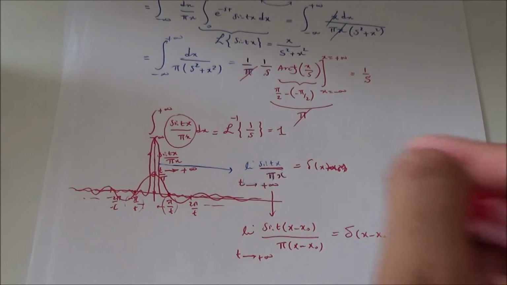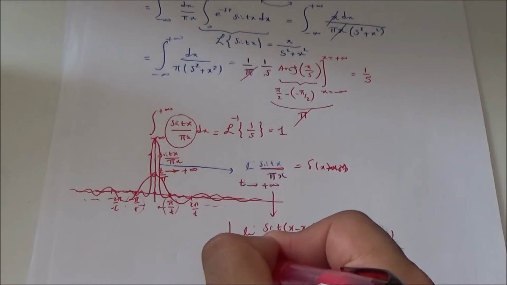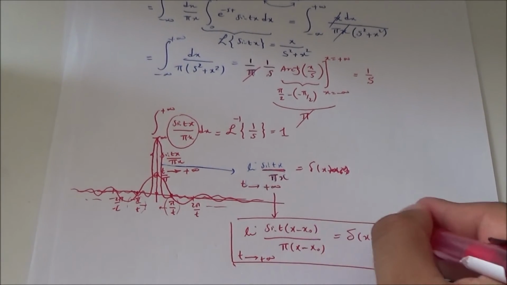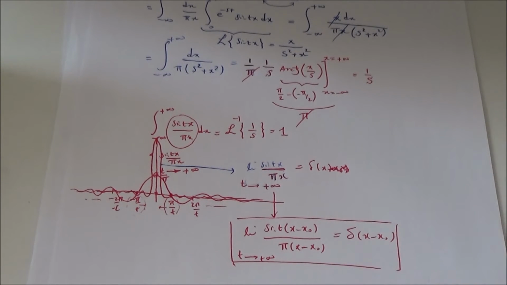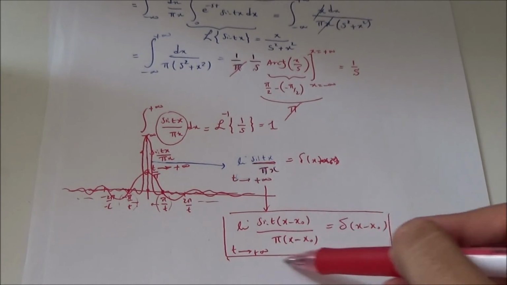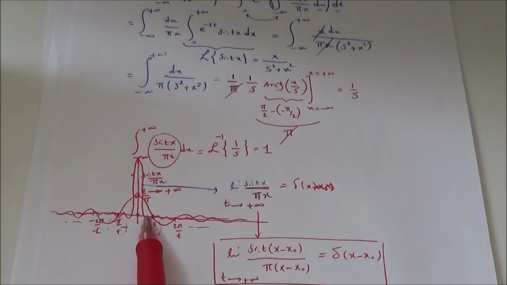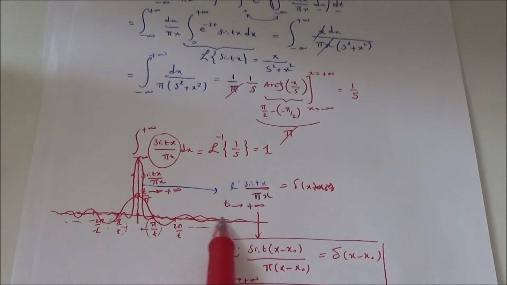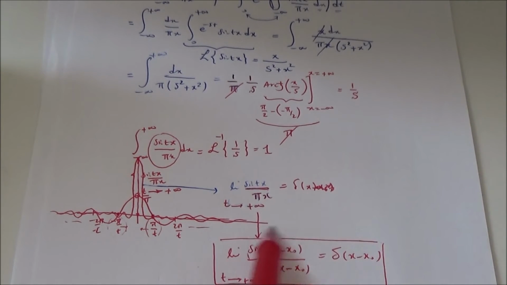So this is another representation of the Dirac delta function. So another function which is now not always positive. So this is not a probability distribution function.